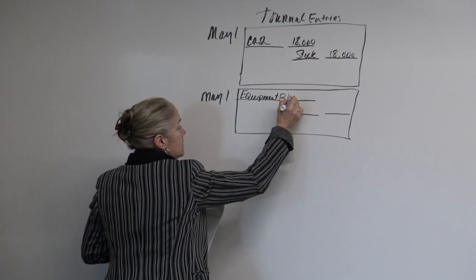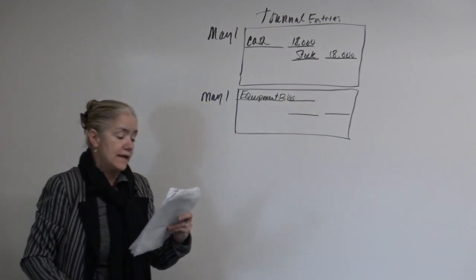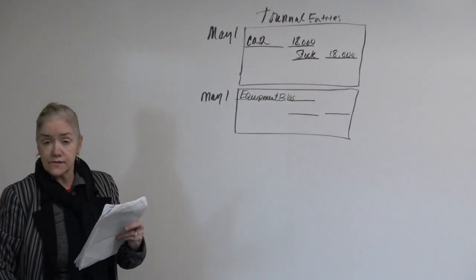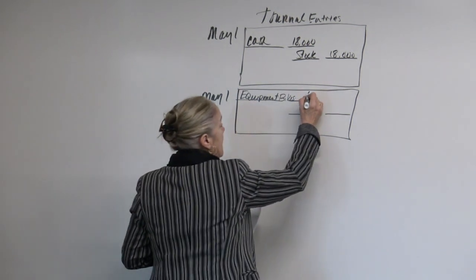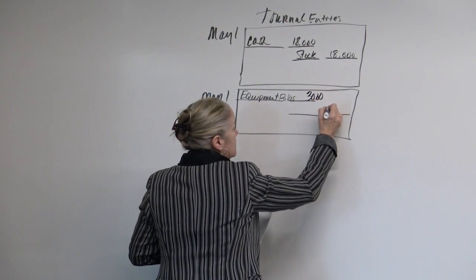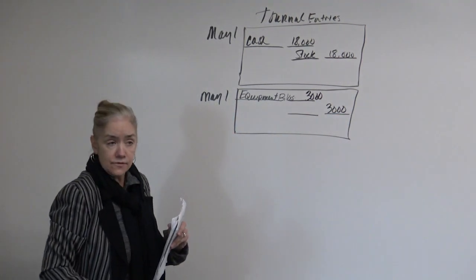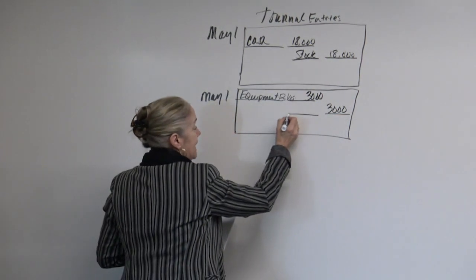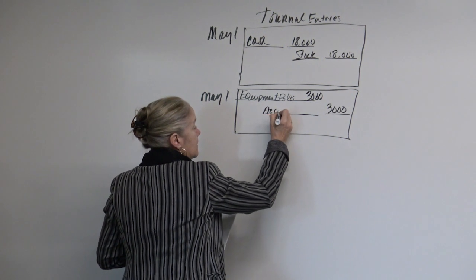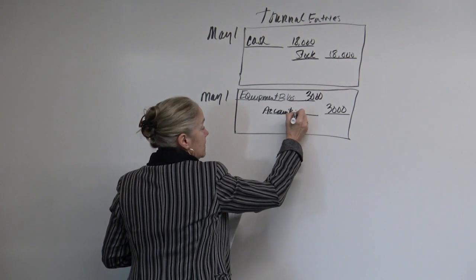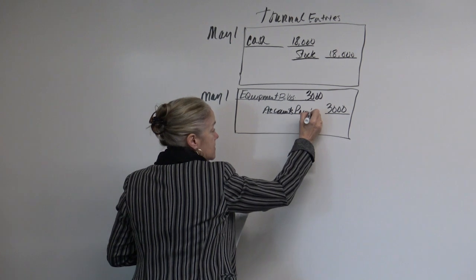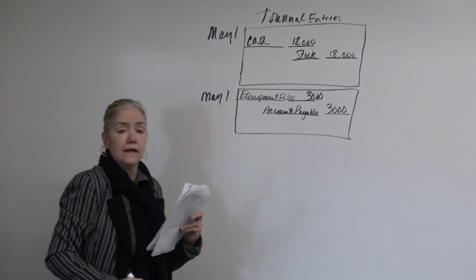Bikes. And remember, we have 10 bikes, $300 each. That's $3,000. So we're going to have $3,000 here, $3,000 here, and we have 30 days to pay for these bicycles, so that is going to be considered accounts payable, which is a liability which is current. So we pay that in 30 days.